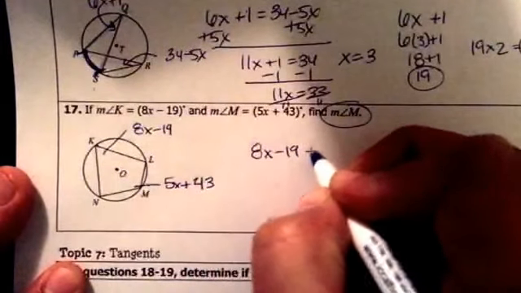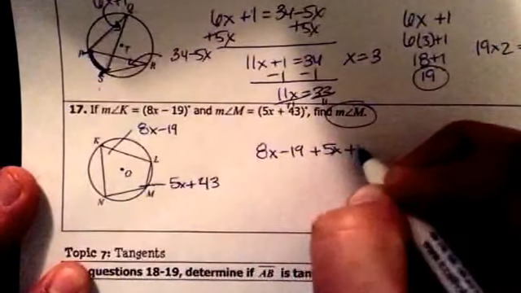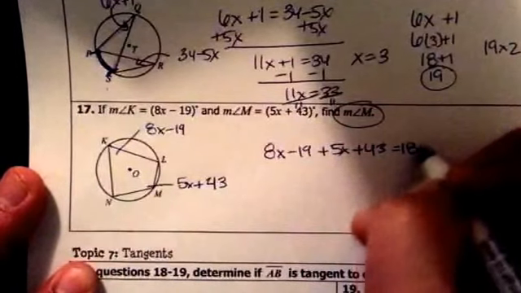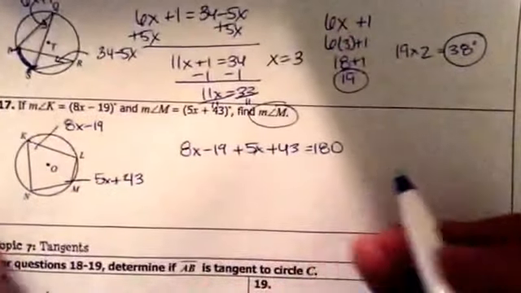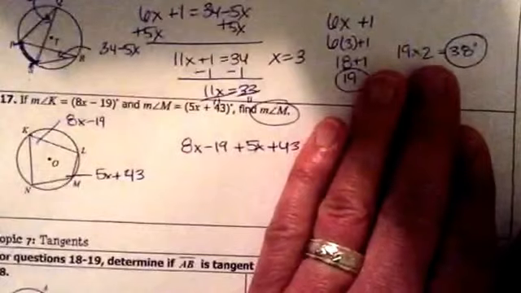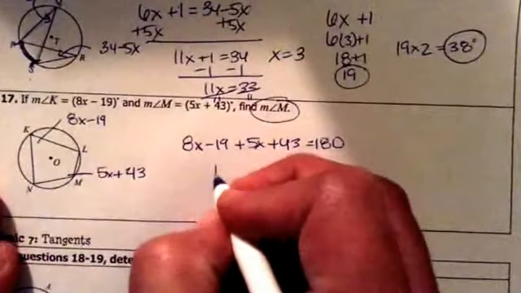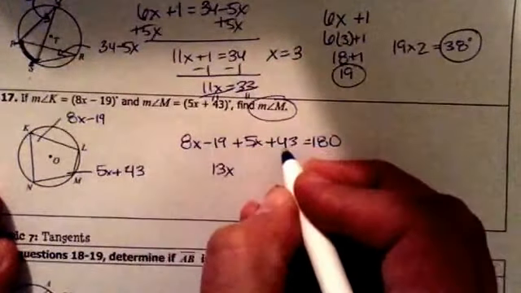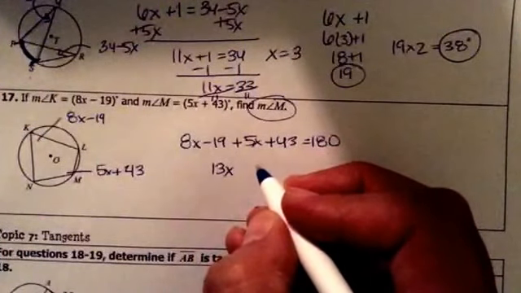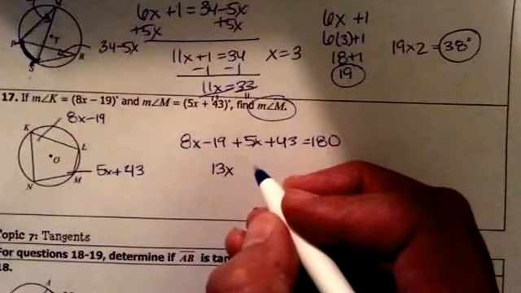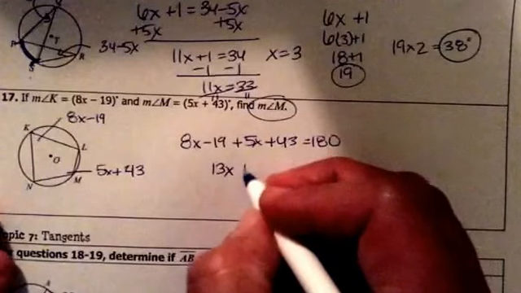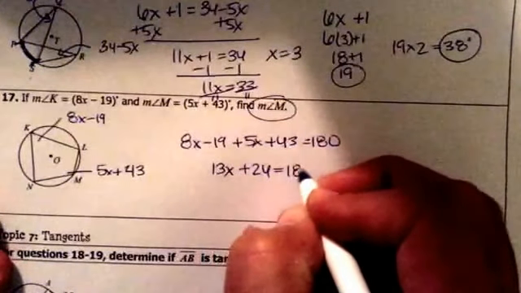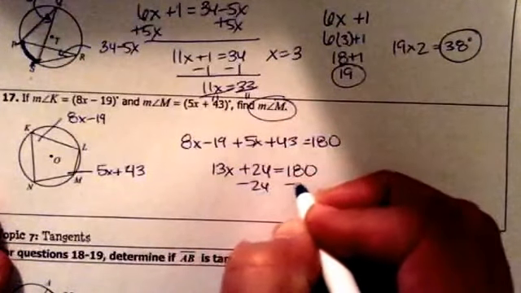So 8x minus 19 plus 5x plus 43 equals 180. I'm going to close this up right here and combine like terms. I have 8x and 5x, that's 13x. Negative 19 plus 43, that's plus 24, equals 180. I'm going to subtract 24 from both sides.